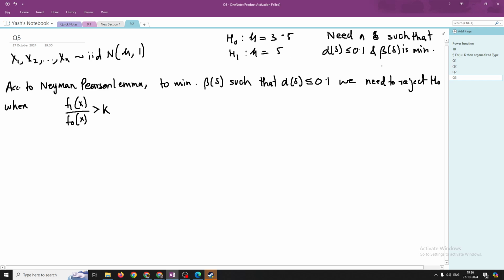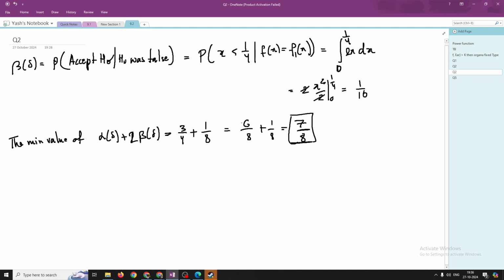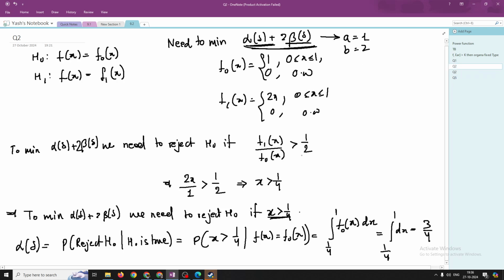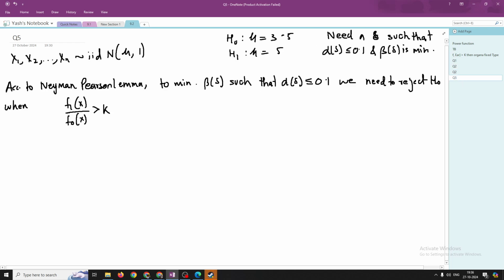In earlier cases we knew what this k was, because we knew the exact linear combination that we were minimizing. Here we don't know it. So what is happening behind the scenes? Behind the scenes you are actually minimizing k times alpha delta plus 1 times beta delta, and that is why you are getting this using the first result.